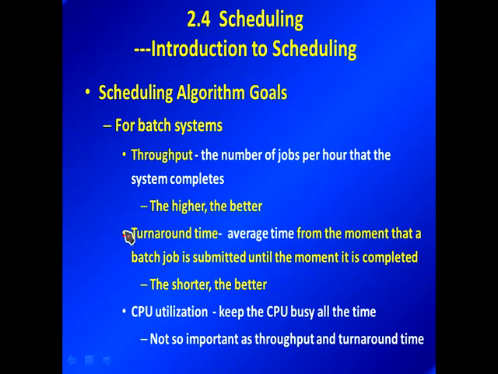As you see, I have to emphasize the concept of this turnaround time because we need to calculate the different turnaround time for different algorithms in this class. So here you need to pay more attention to this definition. Turnaround time means the average time of a batch of jobs from the moment that the job is submitted until the moment it is completed.